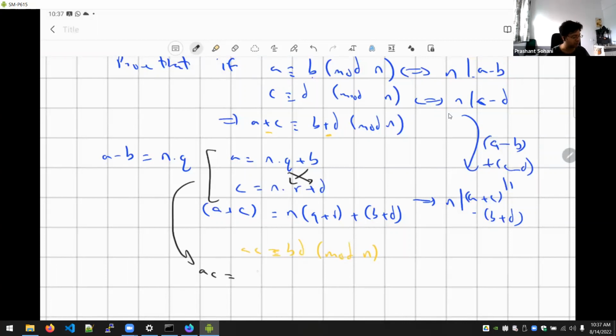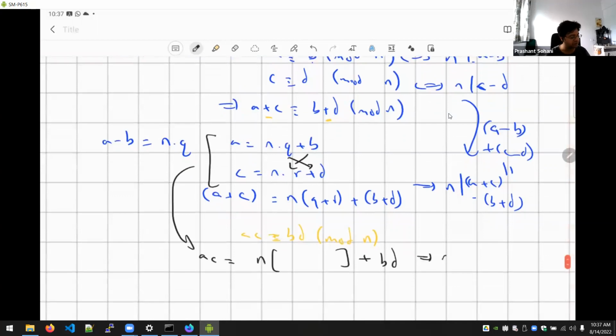But out of all that cross multiplication inside the bracket, you'll basically get n times something plus BD, right? So once you have this form, this implies that n divides AC minus BD. Therefore, AC is congruent to BD modulo n. Okay, does everybody follow this? So you see how powerful this is, that you can add, subtract, and multiply just like normal equations.